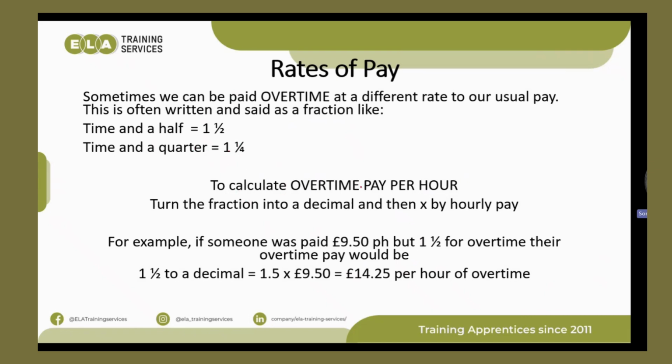So to calculate overtime pay per hour, you turn the fraction into a decimal and then multiply it by the hourly pay. So for example, if someone was paid £9.50 per hour, but on 1 and 1/2, so time and a half, for their overtime pay, we turn that 1 1/2 into a decimal, which is 1.5, and then we're multiplying it by the original hourly pay, which tells us that this person is now on £14.25 per hour for their overtime.